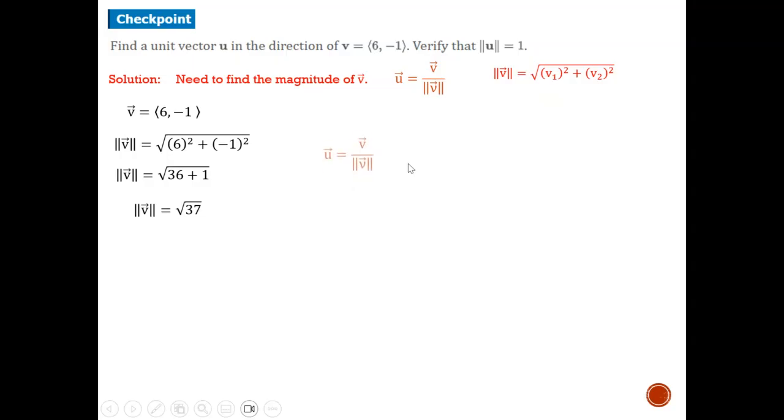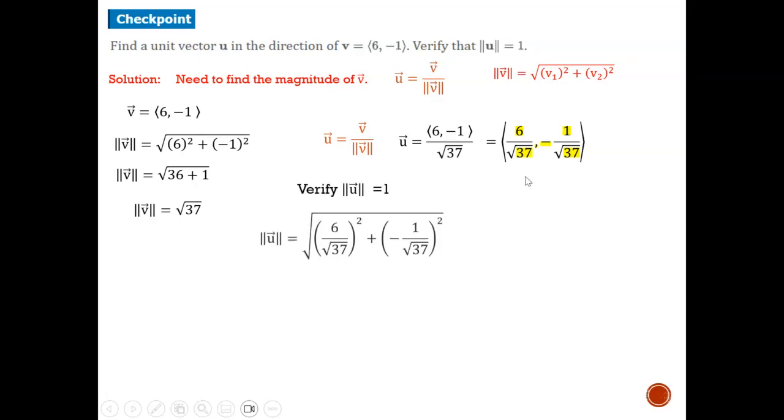Right, now we plug into the formula. So it's going to be the vector v, which is component 6, negative 1, over the square root of 37. Now it's going to give us 6 over the square root of 37 and negative 1 over the square root of 37. Now we're going to use the magnitude formula or the distance formula, right? We're going to place both components, the v1 component and the v2, inside the square root.